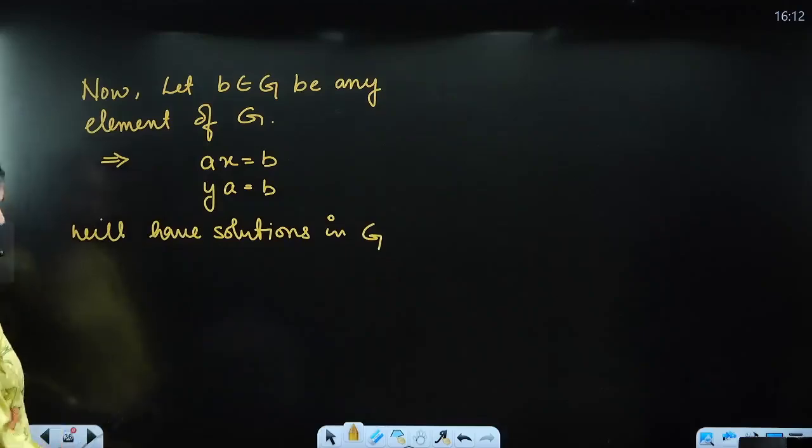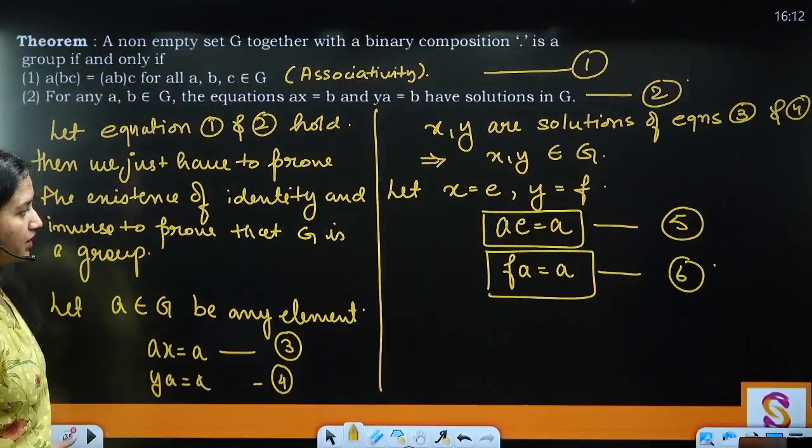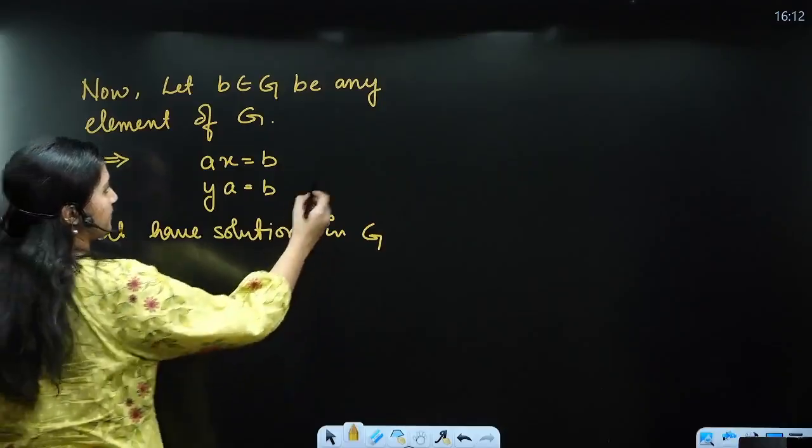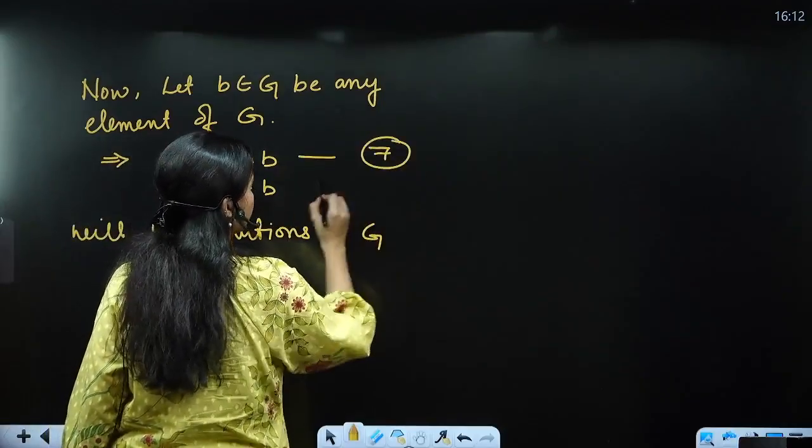So we can name them. How many equations do we have? 5, 6. We can name them 7 and 8.